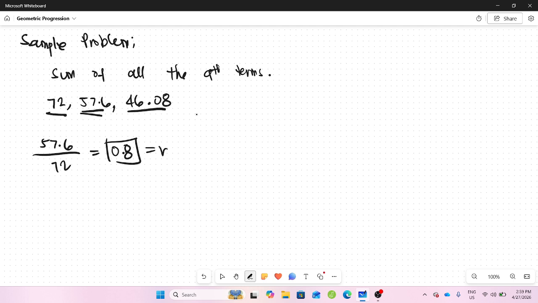Now to get the sum, we're going to use the standard equation of the geometric progression for calculating the sum. That should be S equals the first term times 1 minus r to the power of n, over 1 minus r.